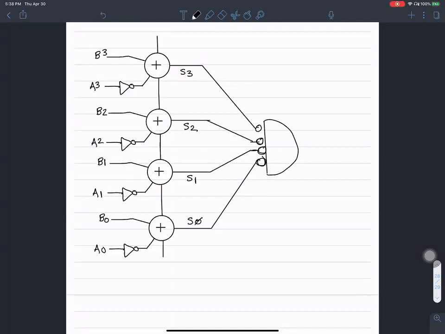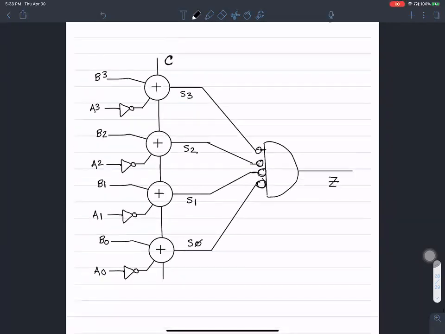So these are AND gates, and I'm going to call this C, the carry. My claim here is that this term implements Z, and this implements the C term.